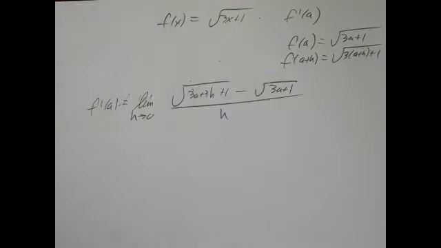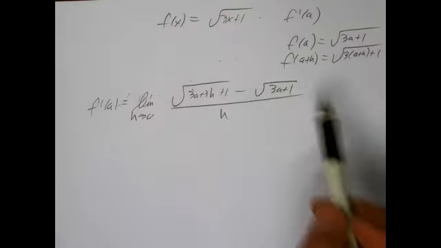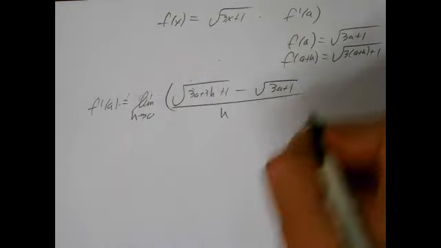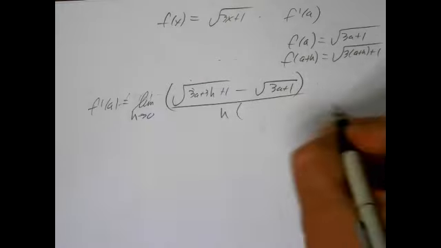All right, what you will find with these is something that's going to be universally true. If you plug in 0 for h right now, you're going to get a 0 on top and a 0 on the bottom. It's never going to work to just plug in an h value of 0 immediately. You always are going to have to do some sort of algebraic manipulation. What we're going to do is multiply top and bottom by the conjugate.